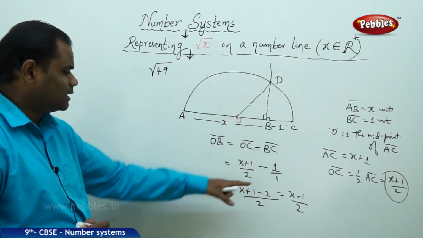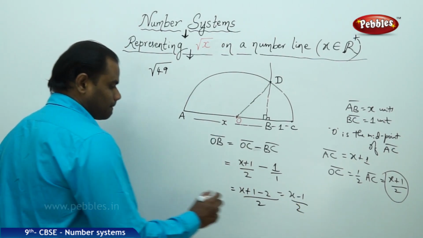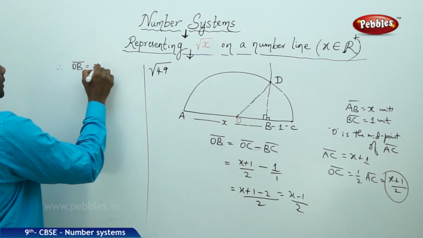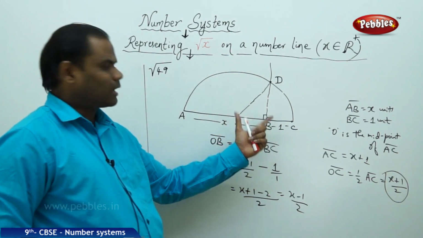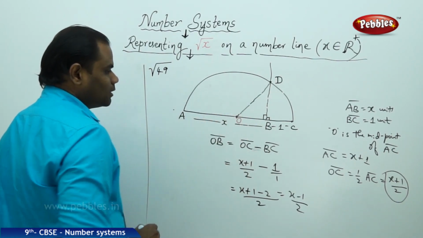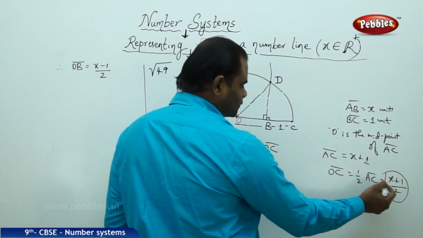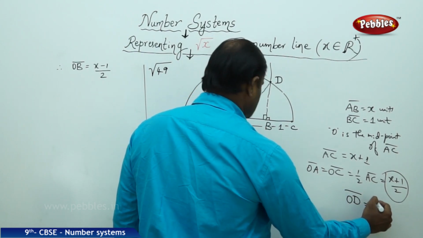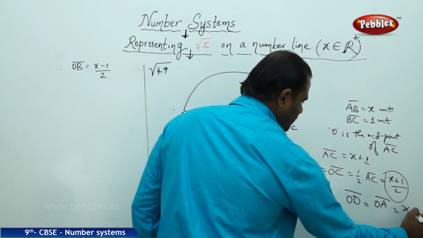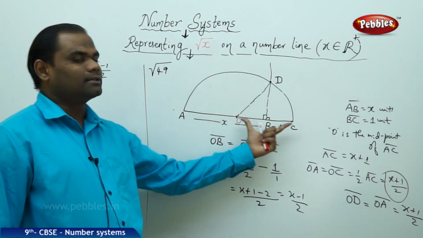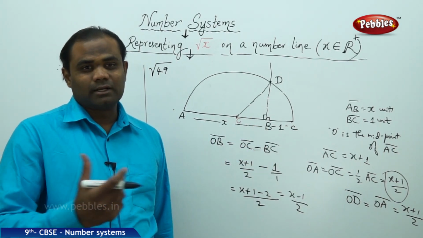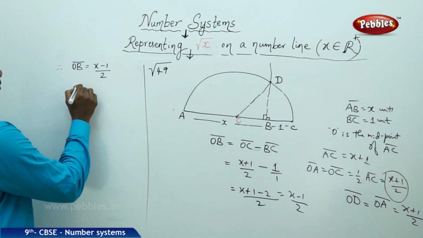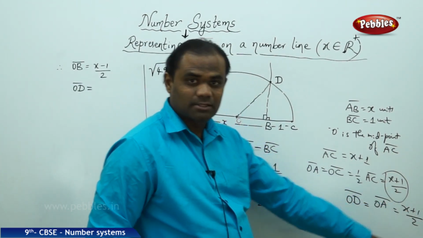Therefore my distance OB is x minus 1 by 2, and my distance OD is nothing but distance OA, which is x plus 1 by 2, because the radii of the circle are equal.